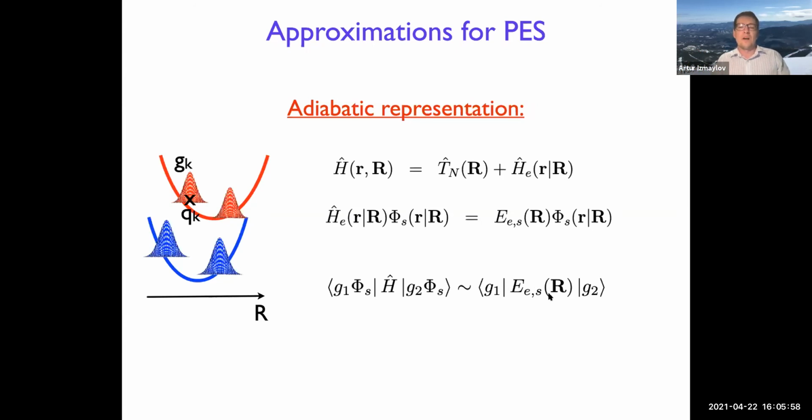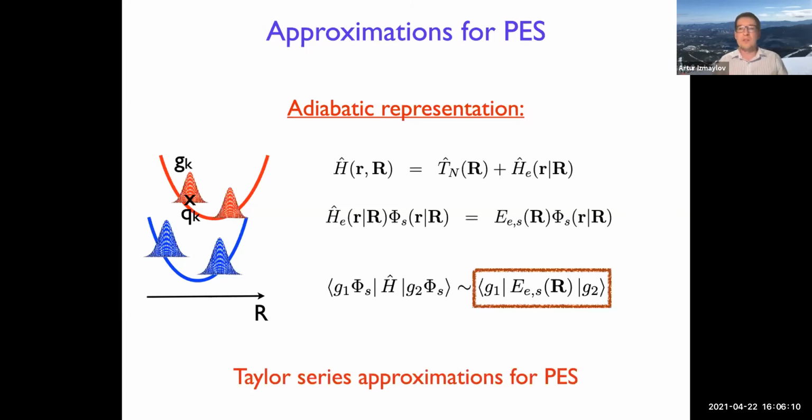In order to calculate these matrix elements, you need to somehow approximate the potential energy surface, because you don't know it as an analytic function of the nuclear coordinates. So you do some sort of Taylor series approximation, maybe going up to forces, maybe up to the Hessian if you really want a more accurate representation. But usually people stop at the Hessian because then it becomes very expensive.